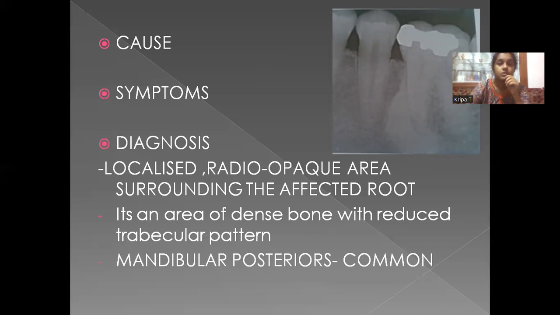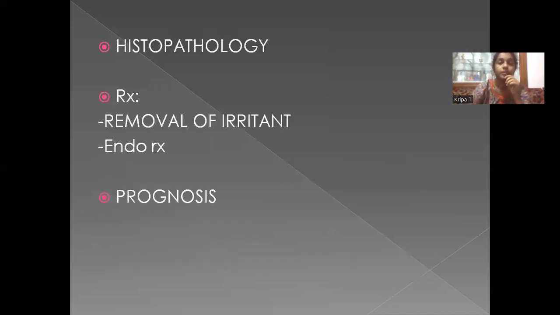You diagnose it accidentally when you see it in a radiograph as a localized radiopaque area around the affected tooth: dense bone with less trabeculation. That's the classic feature. It is the mandibular molars which are commonly involved. As treatment, you need to remove the irritant and do the endodontic treatment. Histopathology, you can see some bony changes, bony reactions.